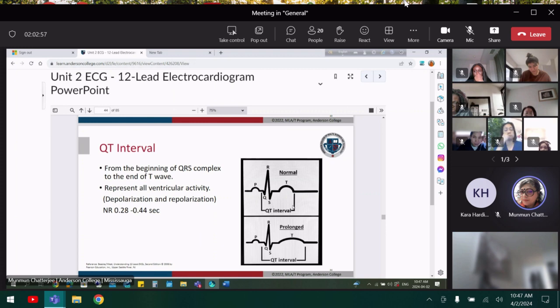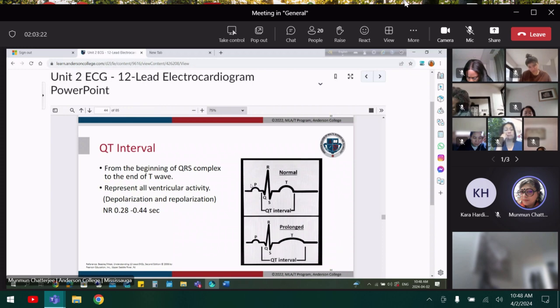The QT interval generally can stay from 0.28 to 0.44 second. These seconds are not important for you to remember, but that's for your interest or knowledge we are telling you. But you have to remember the QT interval represents all ventricular activity.